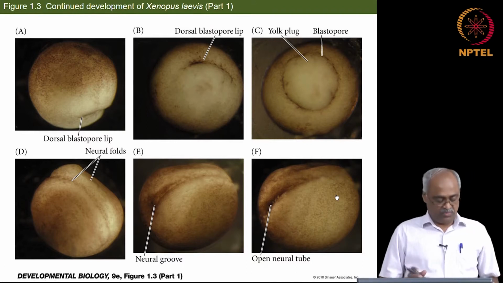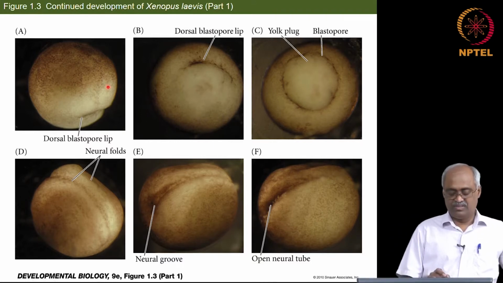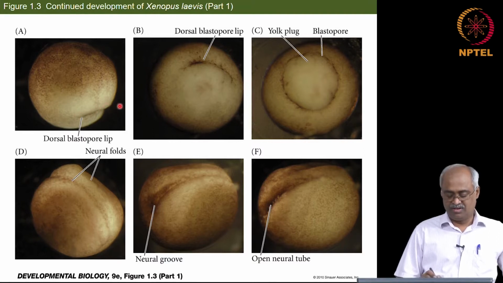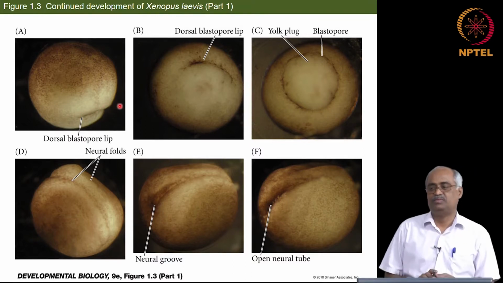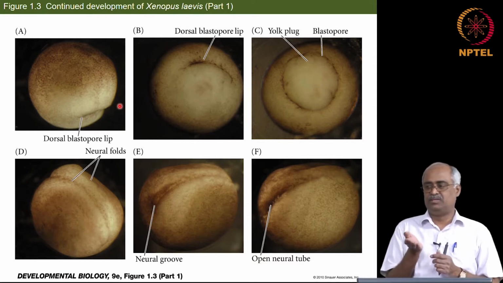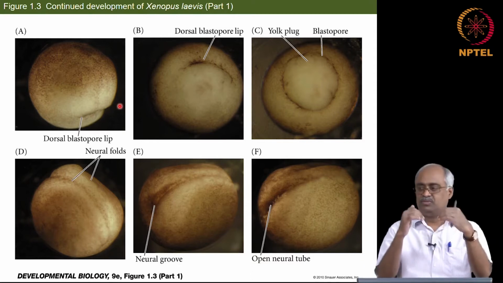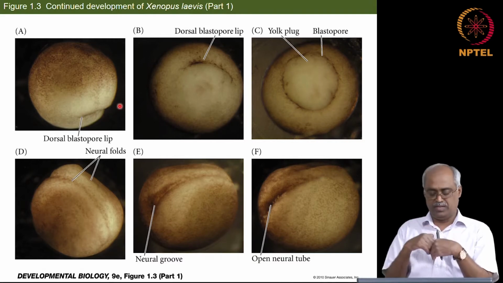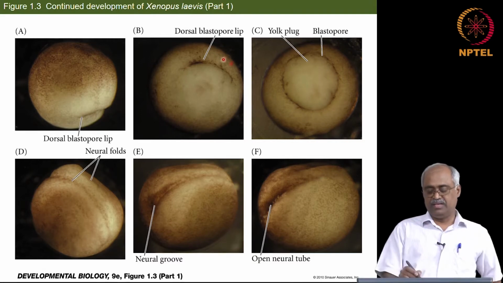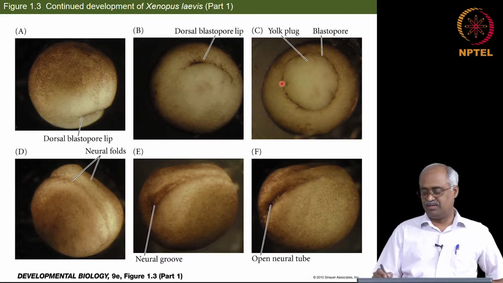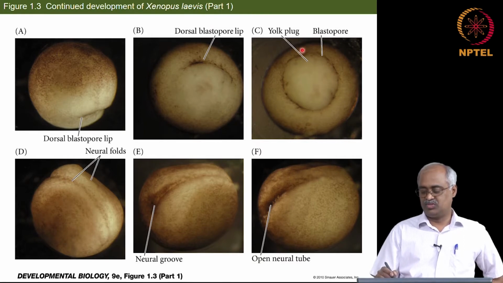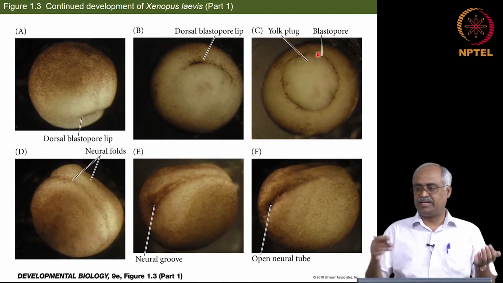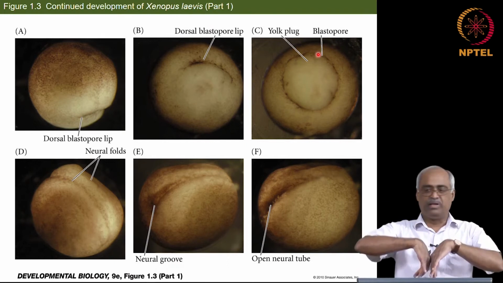So, the starting point is the formation of a depression called the blastopore. Okay. So, it is basically invagination of the cytoplasm and the membrane starts to go in, and this continues and forms a circle like structure, where the cells actively move inward into the embryo.